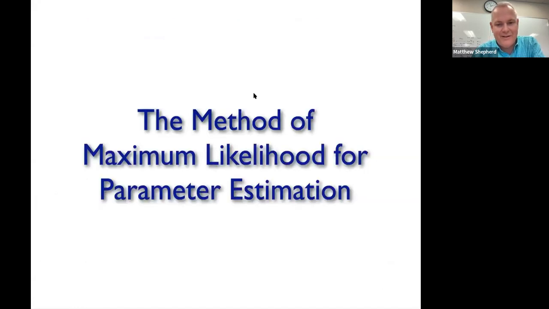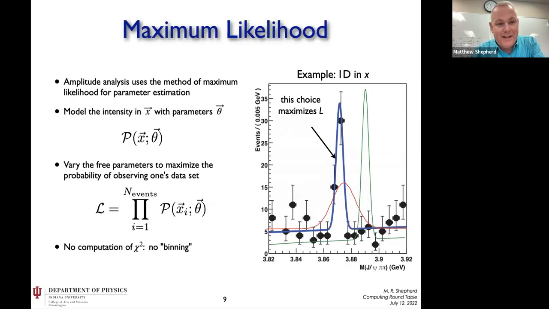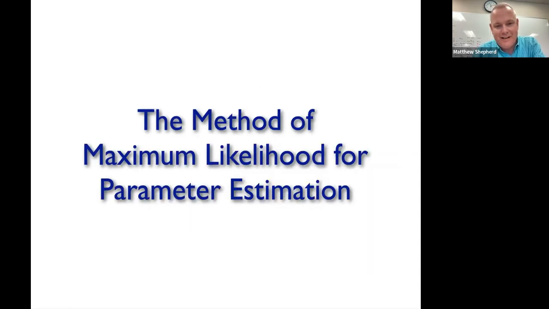The backbone that may be familiar to many of you for doing this is the so-called method of maximum likelihood. I'll review it in case this is a new idea. There are really good reviews of it in the PDG.